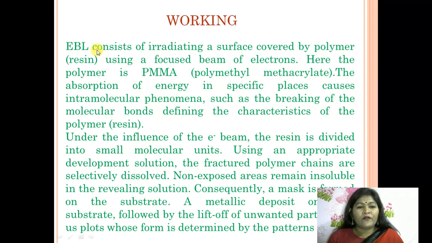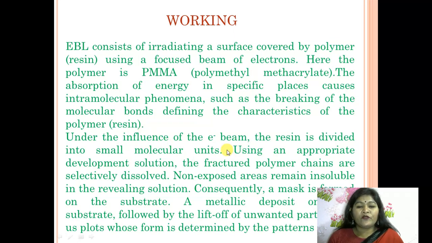It basically consists of irradiating a surface covered by a polymer, that is resin, using a focused beam of electrons. Here the PMMA is the polymer. The absorption of energy in specific places causes intramolecular phenomena such as the breaking of the molecular bonds defining the characteristics of the polymer resin.